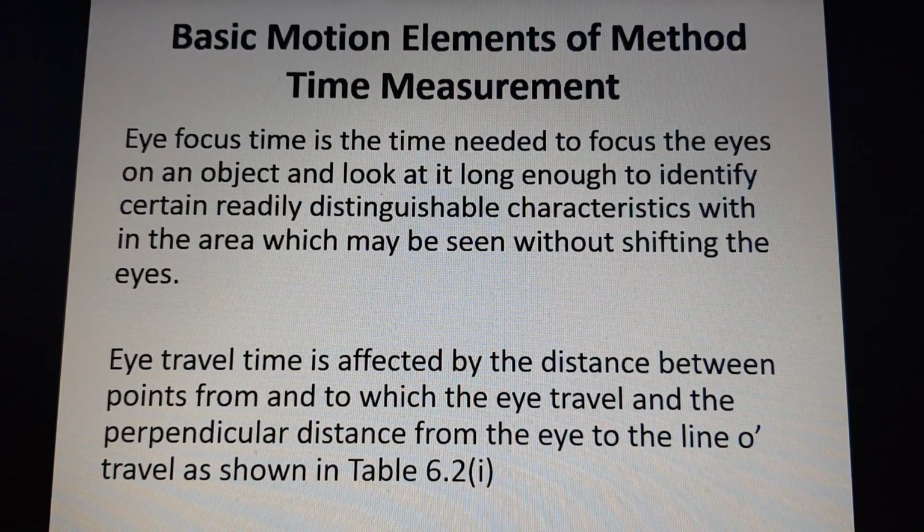Eye focus time is the time needed to focus your eyes on an object and look at it long enough to identify certain readily distinguishable characteristics within the area, which may be seen without shifting the eyes. And the eye travel is affected by the distance between points from and to which the eye travels, and the perpendicular distance from the eye to the line of travel, as shown in the following tables.